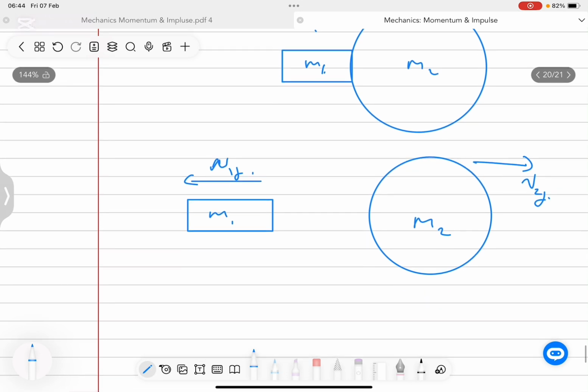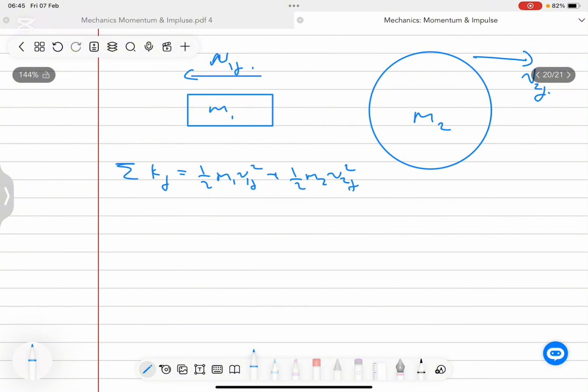And we're saying that the total kinetic energy before would not be equal to the total kinetic energy after, the final kinetic energy of the system.